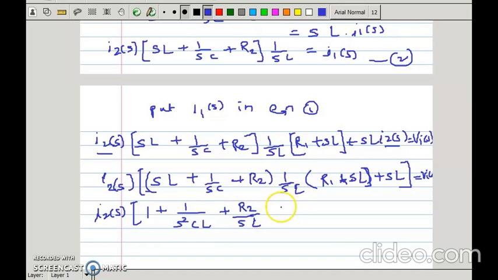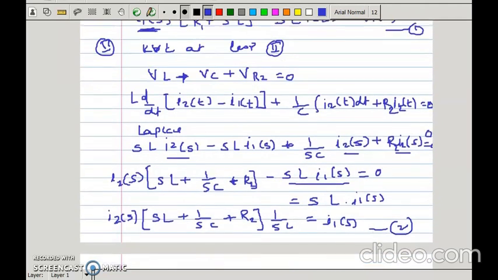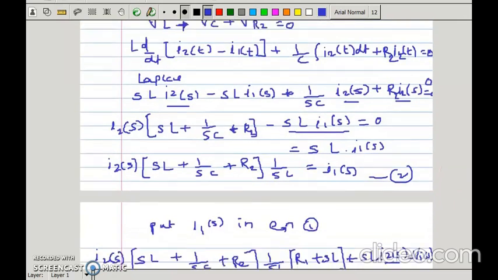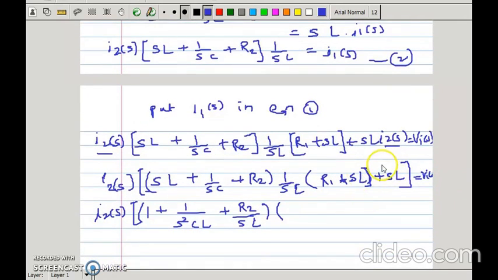Okay, and this is your first bracket, right? And towards the second bracket, in the second bracket, R1 SL plus SL, right? I think something is going wrong here. Plus, it is minus maybe. Minus SL, right? This is minus, okay? So let's put minus there. Because this is minus, SL gets cancelled.